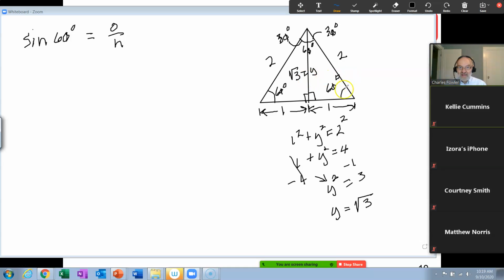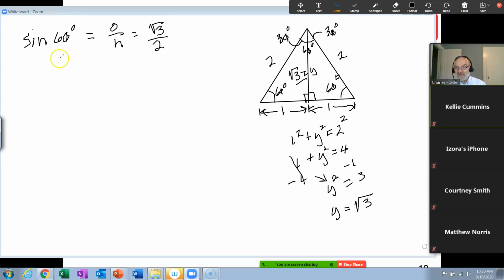And what is your opposite side from this 60? That 60 degree angle, what's its opposite side of that right triangle? The y value, which is square root of 3. So this will be the square root of 3 over its hypotenuse. What's the hypotenuse for that angle? 2. There we have it. The sine of 60 degrees is square root of 3 over 2.